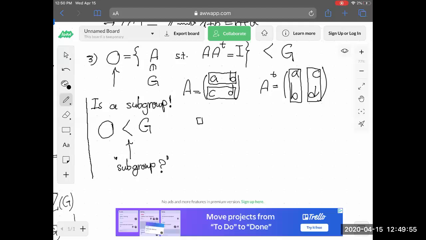Okay, so O is a subgroup of G whenever for any two elements A and B in O, A times B inverse is also in O. Are you familiar with this lemma? So O is a subgroup of G if and only if for any two elements A and B in O, A B inverse is also an element in O.